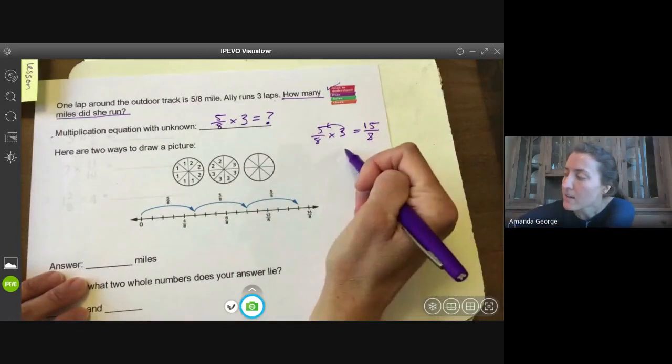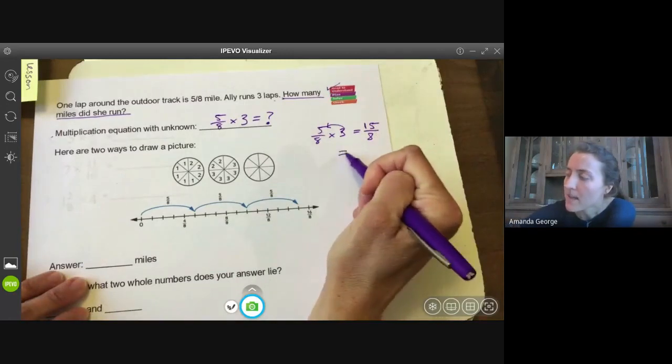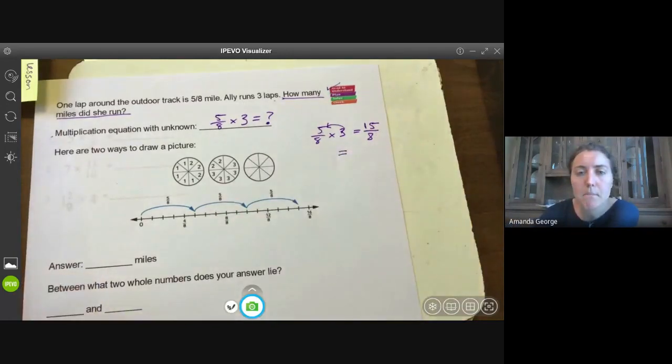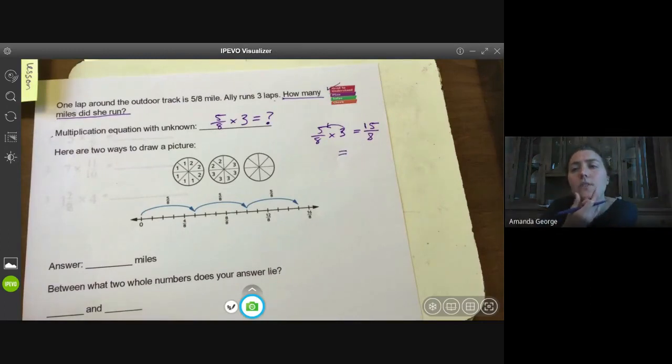15 divided by 8, if I were to make that into a mixed number, type it in the comments, what would you get? How many times does 8 go into 15 without going over? 1 times 8 is 8, but 2 times 8 is 16. That would be too big. Good, 1.